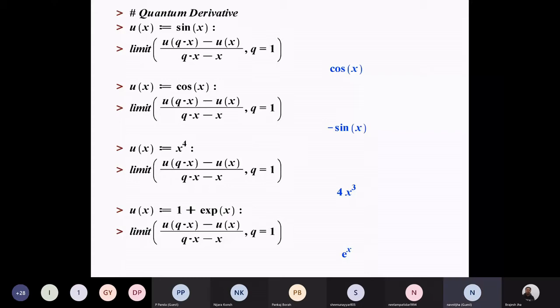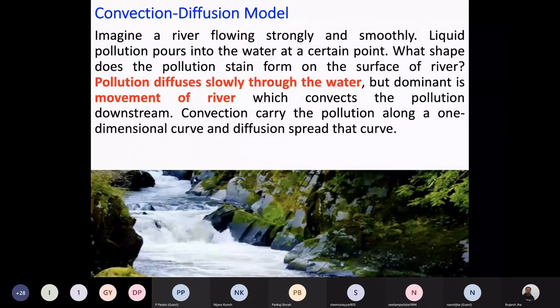Now, again, coming back to the convection diffusion model. Just a small literature. Imagine a river flowing strongly and smoothly. Liquid pollution pours into the water at a certain point.